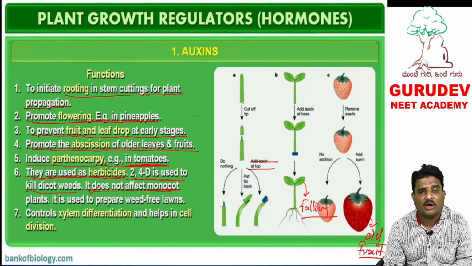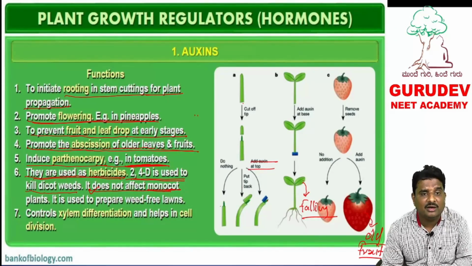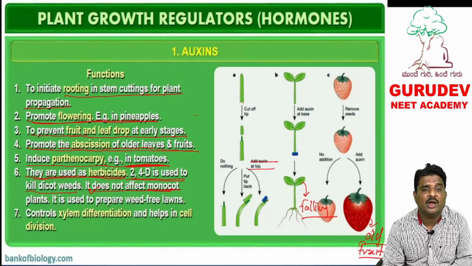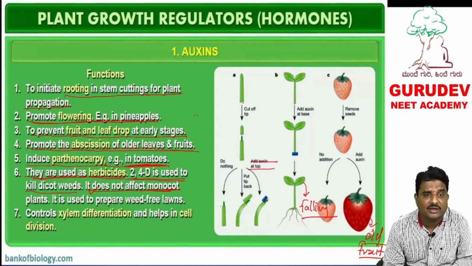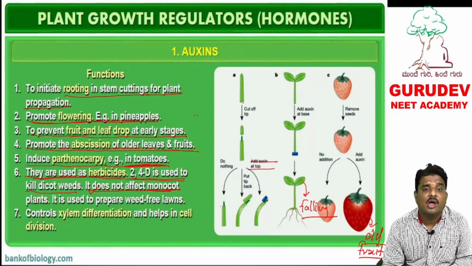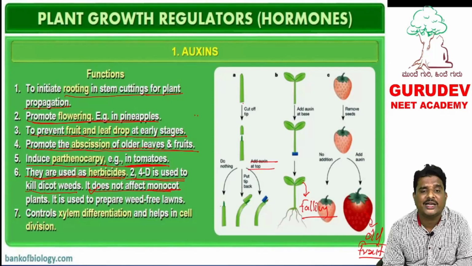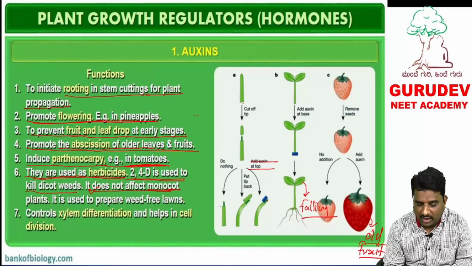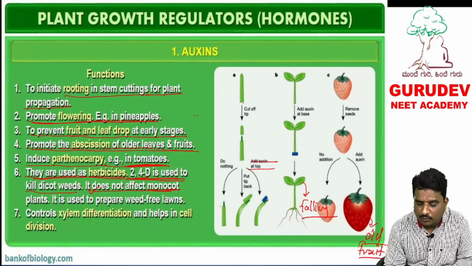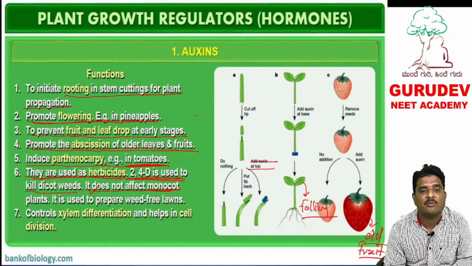Maize plants are monocots. Among them, unwanted dicot plants grow. We spray the herbicide 2,4-D on the dicot plants, the unwanted plants. That does not affect our maize plant or the main crop. So it kills the unwanted dicot plants from the monocot crop. That is the function of 2,4-D, which is used to kill the harmful or unwanted plants.